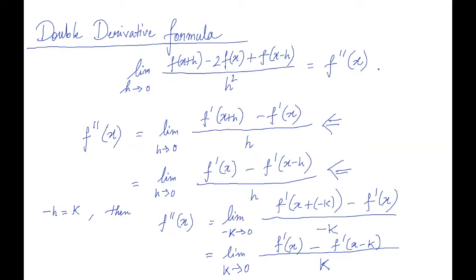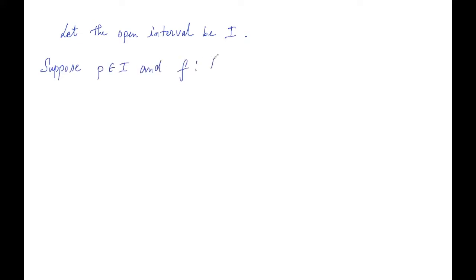So this is going to be useful. Let's see how we can use that. Remember, in the problem we had an open interval I where all these operations were happening. So let the open interval be I. Suppose p is a point in the interval I, and our function f is a function from I to the set of all real numbers.